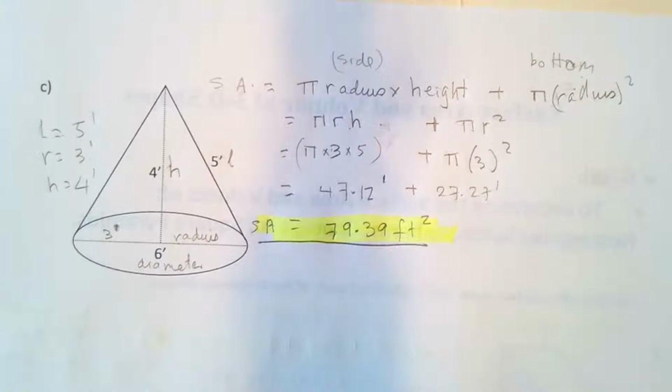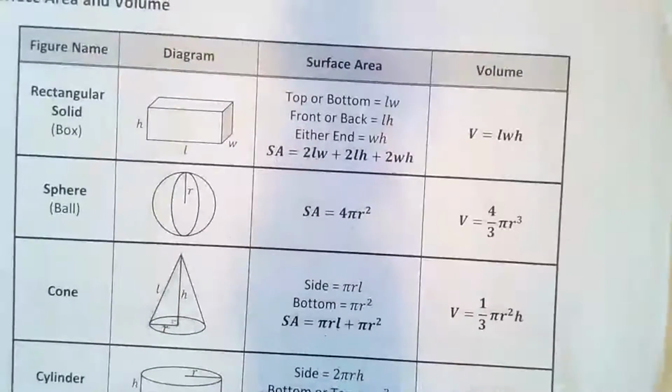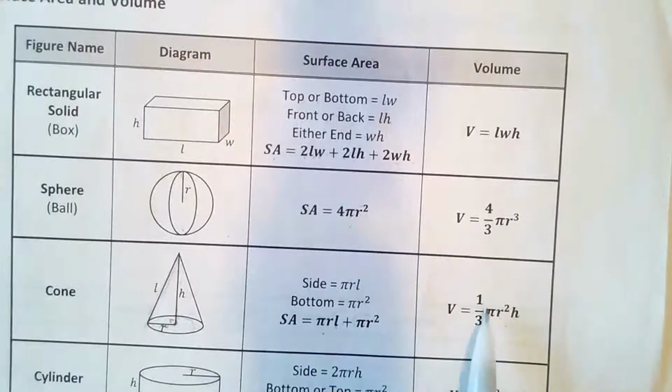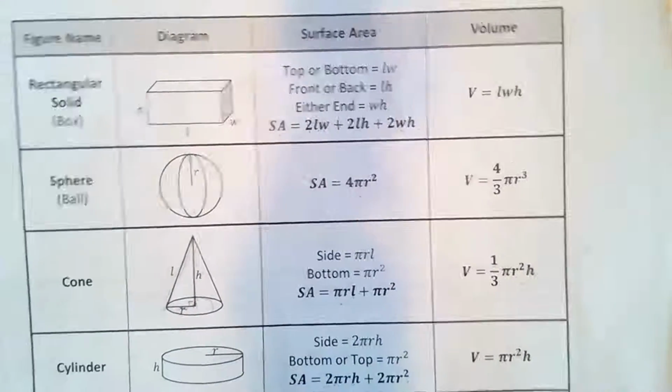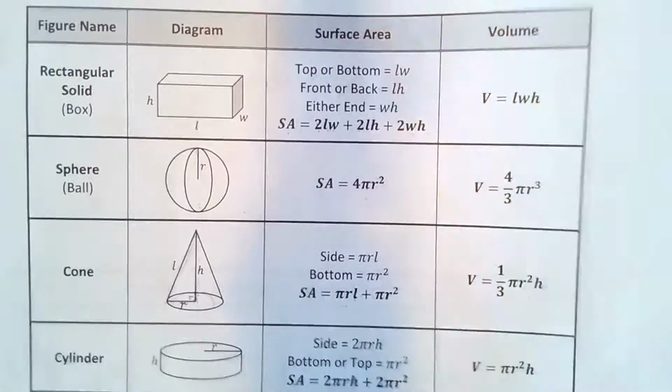Next, we go ahead and find its volume. And this is where we're going to go to our formula sheet again. Our volume is 1/3 pi r squared times height. So let's record that.